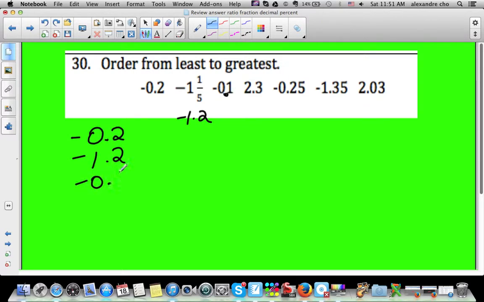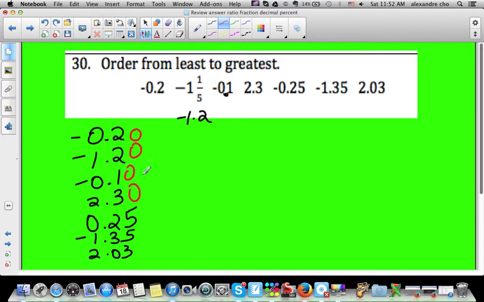Negative 0.1. 2.3. 0.25. Negative 1.35. And 2.03. Okay, so the other thing I'm going to do is add zeros so they're all the same size, and order from least to greatest.